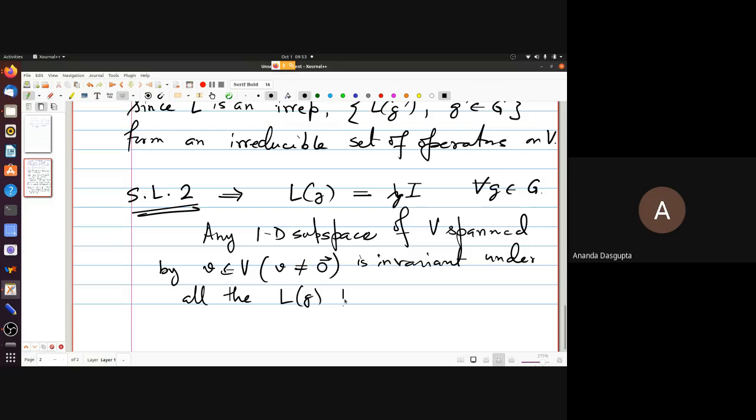What will you get? You'll get something in the same direction, something which is v times a number. Which means that the 1D subspace which is all multiples of v for a given non-zero v is invariant not only under LG, it's actually invariant under all the LGs. Is that okay?